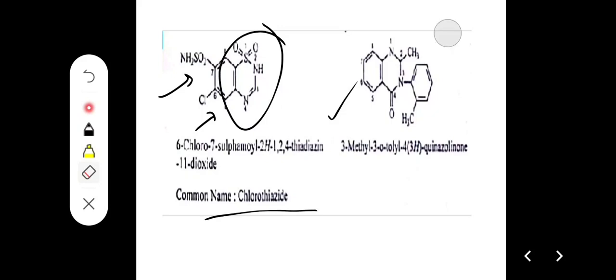If this is numbered 1, 2, 3, this is the 3 position. There must be a mistake here, 1, 2, 3. I think there is a mistake.